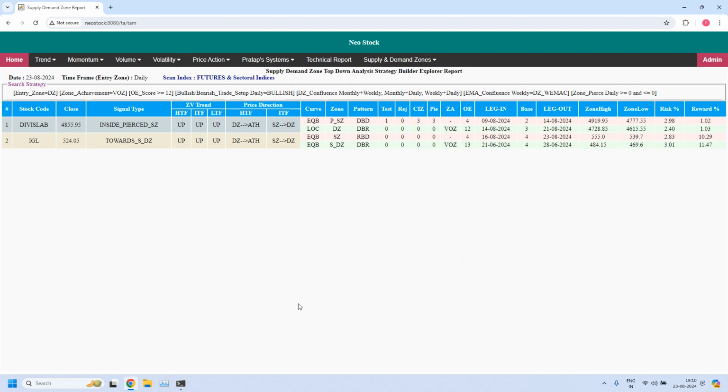What is the specialty of these two stocks? These two stocks are supporting a bullish trade setup for monthly income trade. And the second specialty, all these demand zones are having daily, weekly and monthly zone confluence. And the third specialty is the weekly demand zone is also having confluence with weekly EMA.